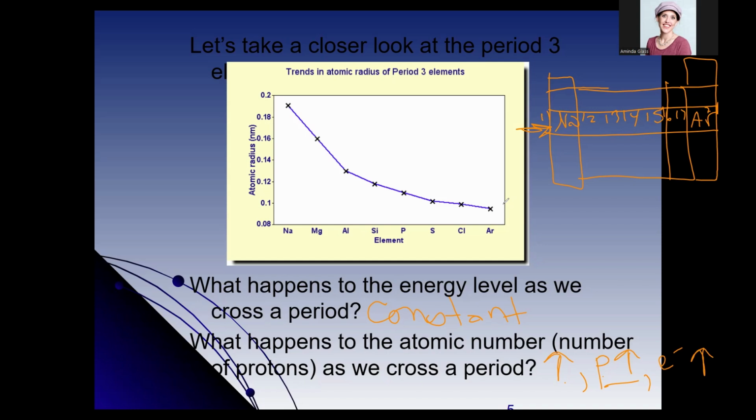Because electrons are negative, protons are positive. Think about your magnets. They have a positive and negative side too. So if we have, let's say, one magnet, a positive and a negative, how strongly are those attracted to each other compared to something that might have 6 magnets?